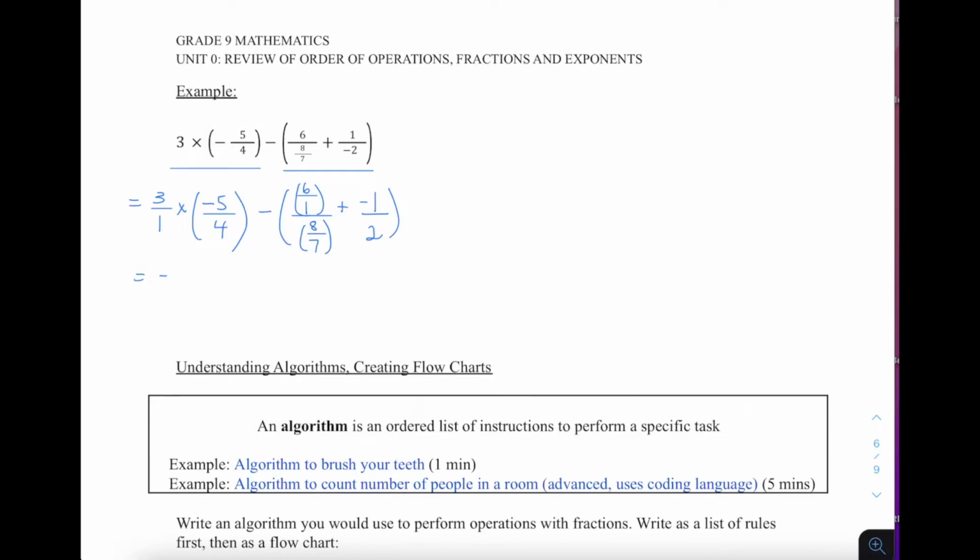Next, I'm going to perform the operation, which is multiplication, in that first term. And in the next bracket, I'm going to do the division operation, which is multiplying by the reciprocal of the denominator. And I'm going to notice that here I have plus a negative number.